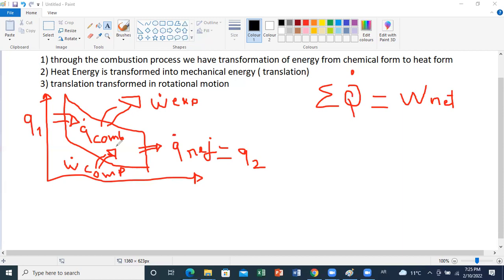So the net will be W dot expansion minus W dot compression, and it will graphically represent the area limited by this curve. Please, if anything is not clear, let me know. Is anything not clear until this equation?